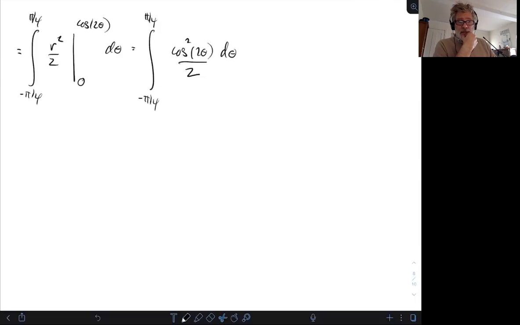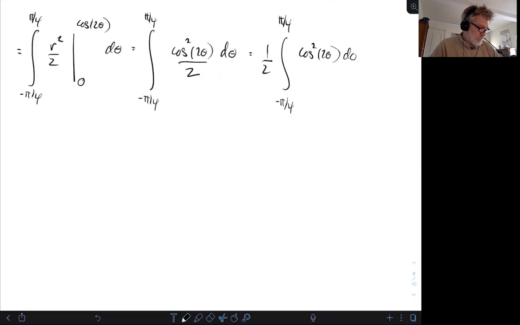So I have to integrate cos squared. I can factor out the 1/2. I have an even power of sine or cos, so I use the identity to decrease the power to 1. So what is cos squared of 2 theta?